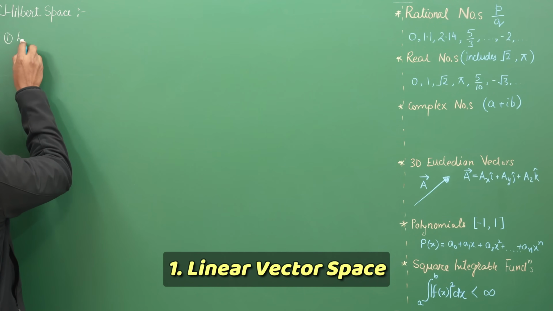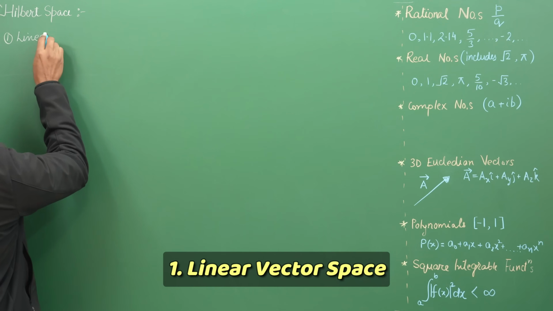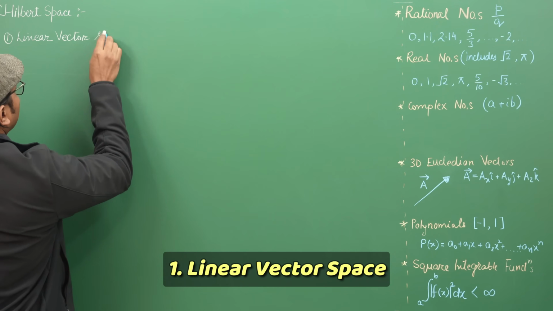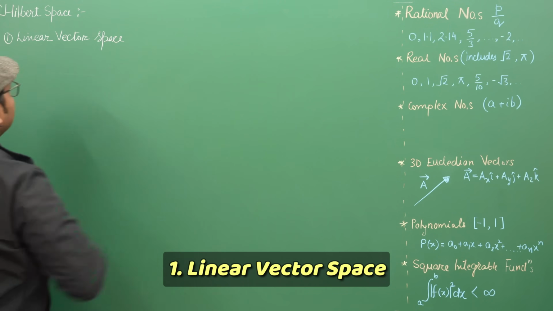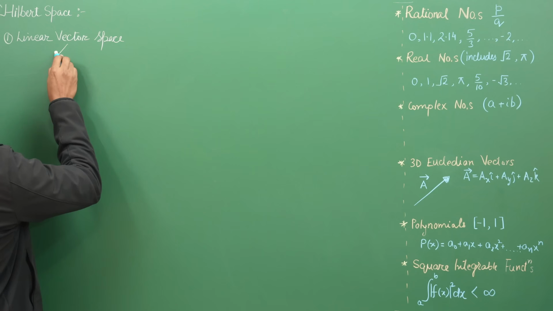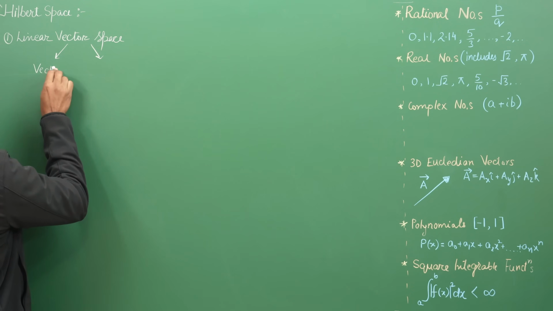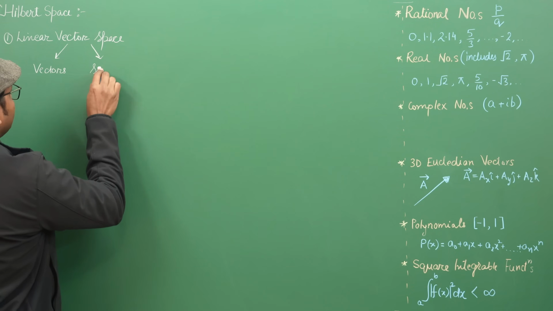So Hilbert spaces are linear vector spaces. And as I just said, linear vector spaces consist of two distinct elements, vectors and scalars.